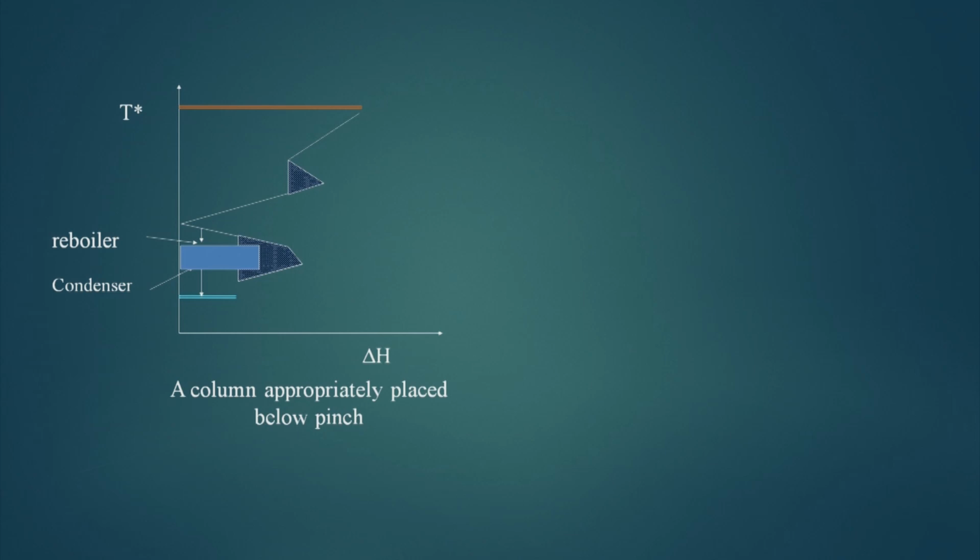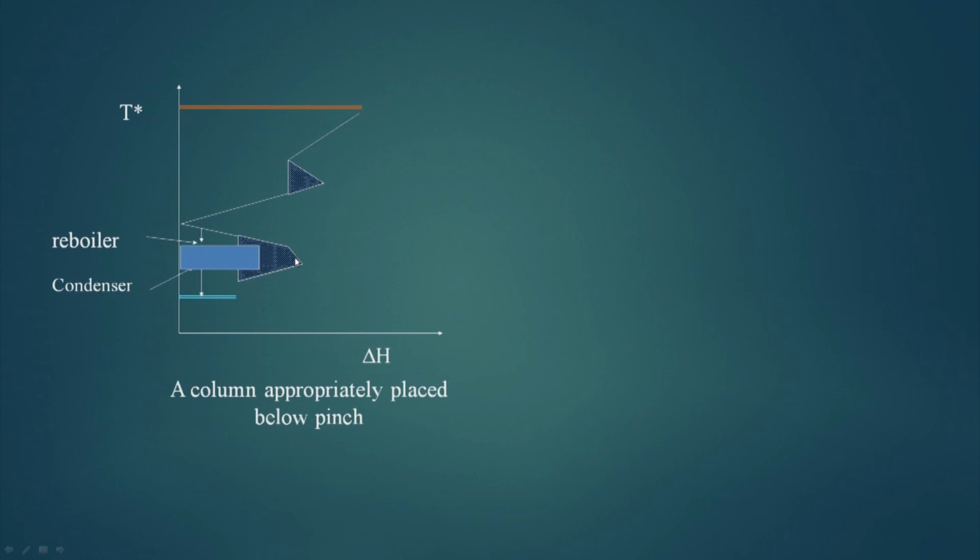Now, let us see how this will be integrated below the pinch. This is the physical aspect, let us see, then we will consider the placement across the pinch. So, when I am putting up a distillation column below the pinch, it will look like this. The heat which is available from here to here by the process streams will be given to the reboiler, and the heat which is available from this to this is also given to the reboiler.